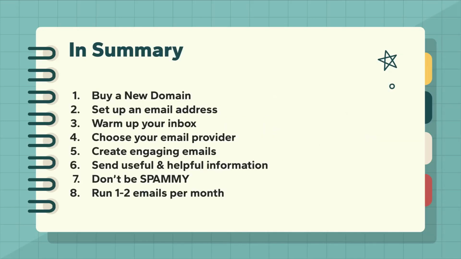In summary, the first thing you're going to do is buy a new domain. You can keep the same title, My Remodeling Co., but add a different ending to the .com, like .net, .org, .co, .us, .usa, whatever. Do that first. Then set up your email address off of that domain.